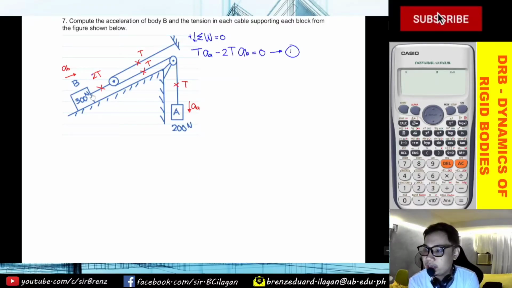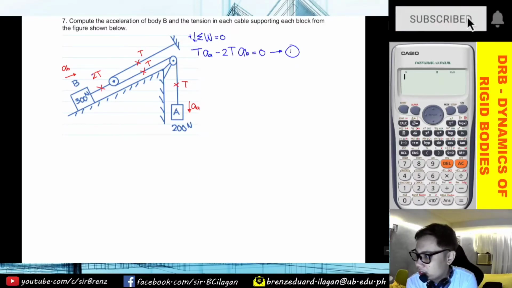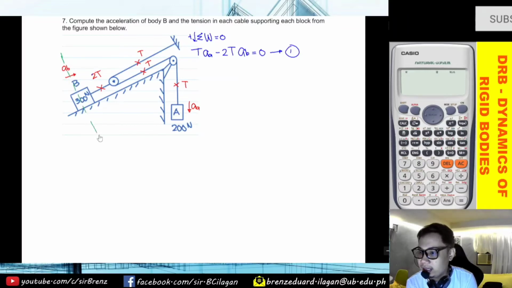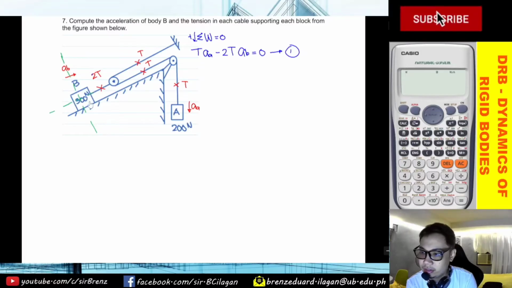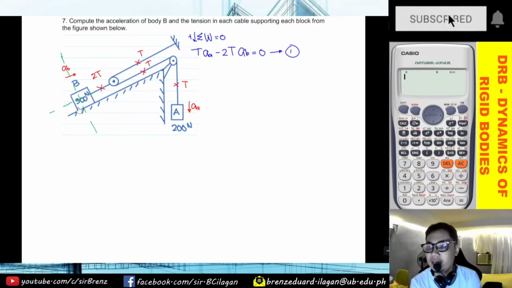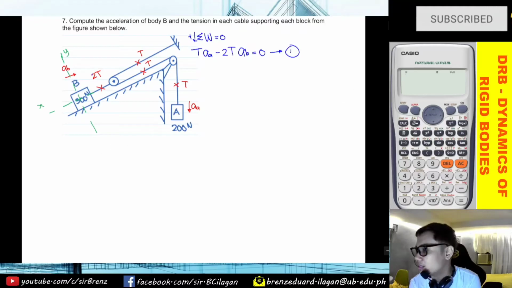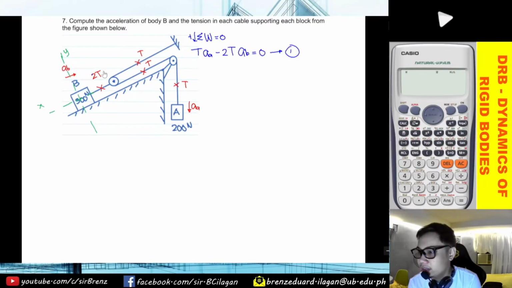I think it's much better if we first analyze this block B. So gawa lang ako ng reference axis natin, which is acting along the inclined surface. So nag-shift ako ng axis. Usually naman, di ba sa SRB, ganito yung ginagawa natin. This will be our new y-axis and this one will be our new x-axis.